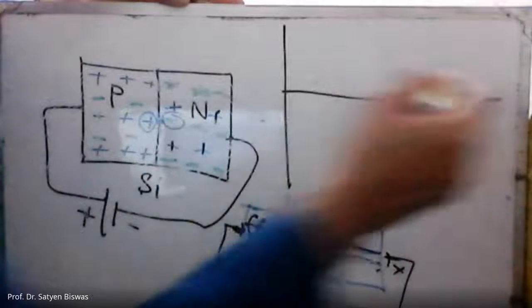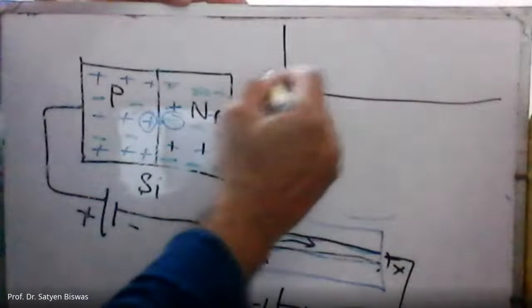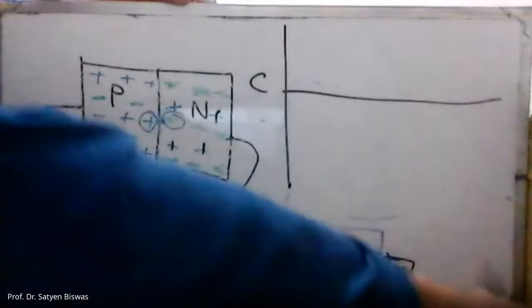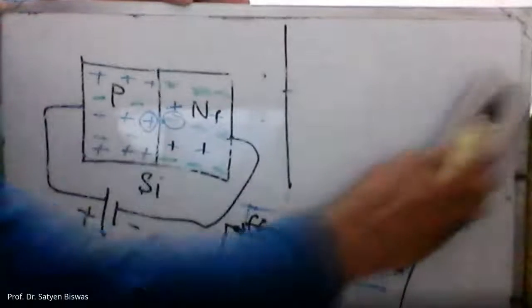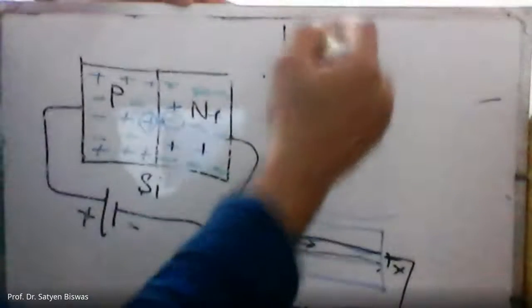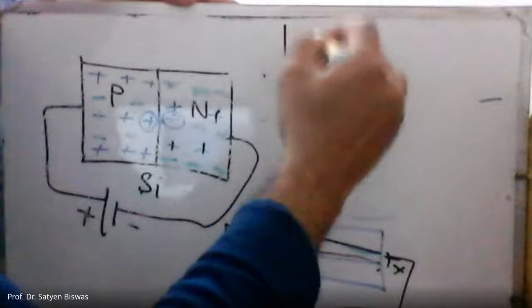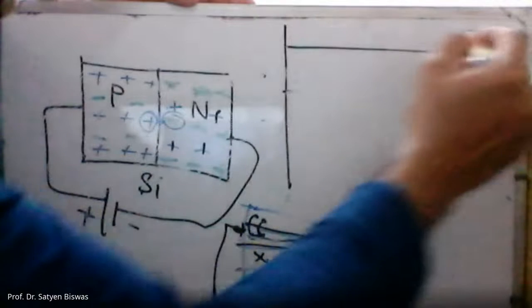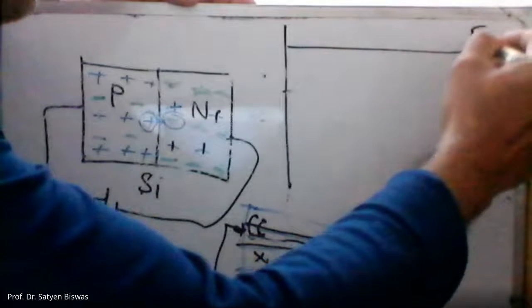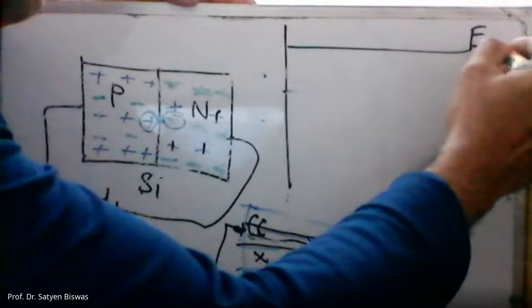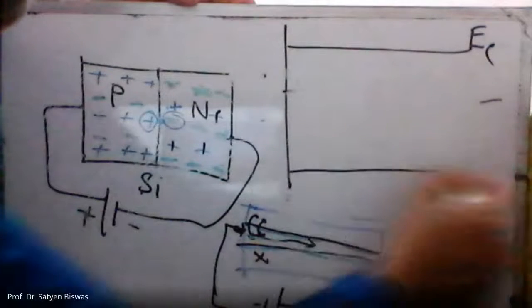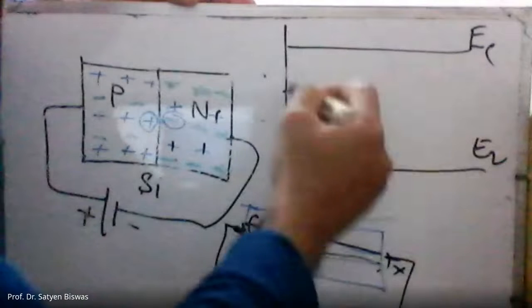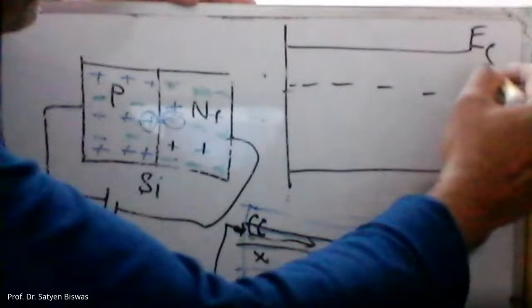Let's say here is the conduction band, EC, and valence band here, let's say EV, and then somewhere in here is a Fermi level, EF.